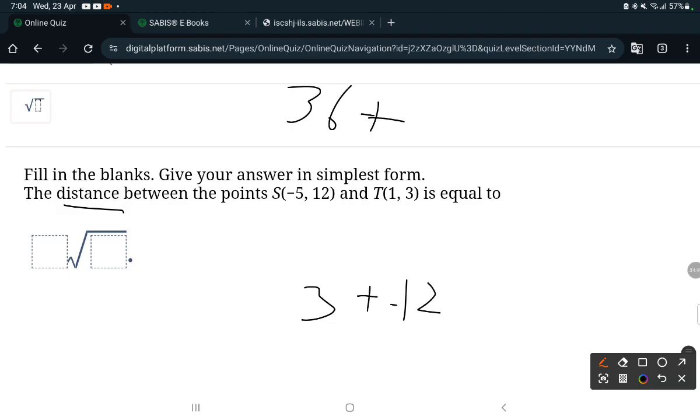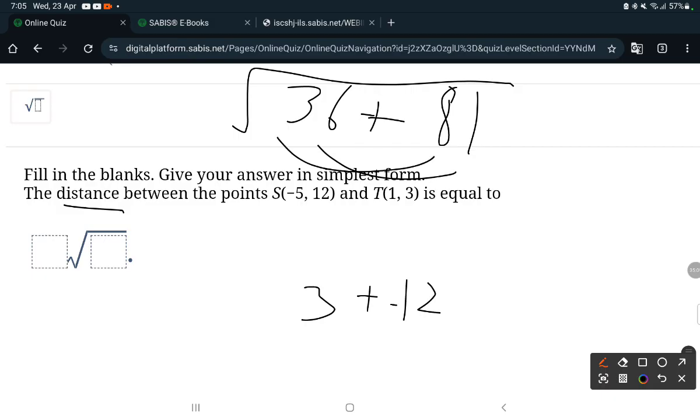Keep change opposite. That's going to be negative 9. Negative 9 squared is going to be 81. The distance formula is just x2 minus x1 squared plus y2 minus y1 squared, all in a radical. So I have 36 plus 81 in a radical now. So that's going to be 117, so we have radical 117.